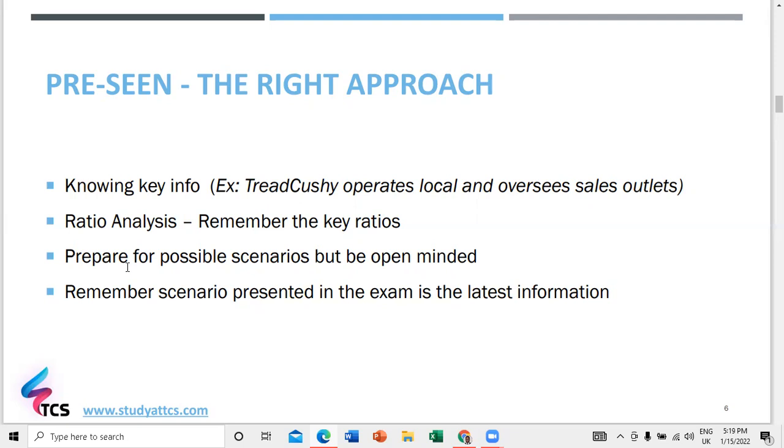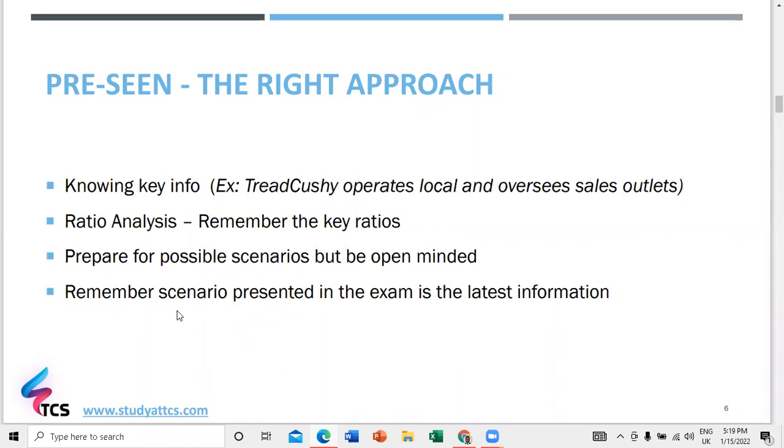The tasks will be based on the problems faced by the company, on the internal as well as the external dynamics of the company. So you are not in a position to predict them. That's exactly why I'm saying you have to prepare for possible scenarios, that's all good. However, you need to be open-minded. You can't be bogged down on predictions too much. I'll be talking about these points later on as well.